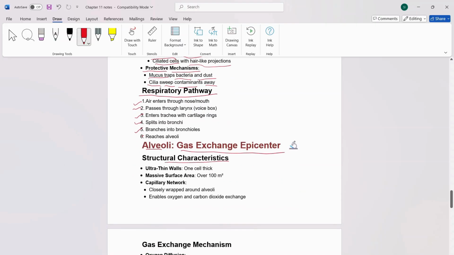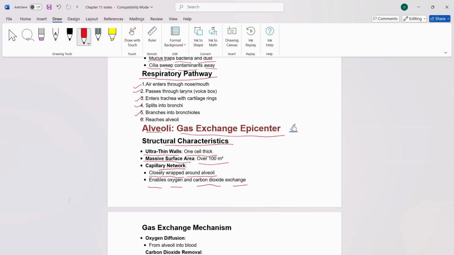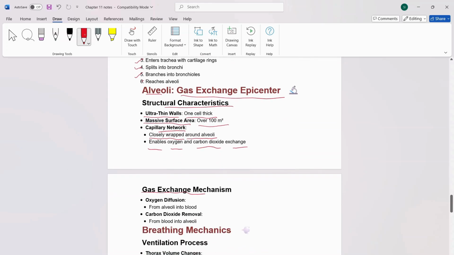Structural characteristics include ultra thin walls, one cell thick, massive surface area over 100 square meters, capillary network closely wrapped around alveoli, enables oxygen and carbon dioxide exchange. We have gas exchange mechanism: oxygen diffusion from alveoli into blood, carbon dioxide removal from blood into alveoli.